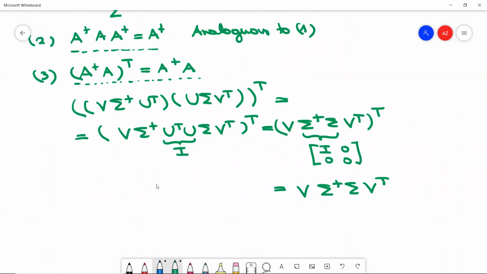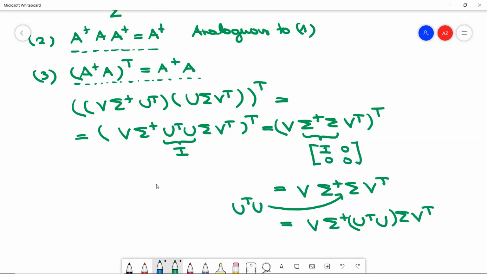But I want to get A plus A. Here I can again put U transpose U in the middle to get A plus and A. So V sigma plus U transpose U sigma V transpose.